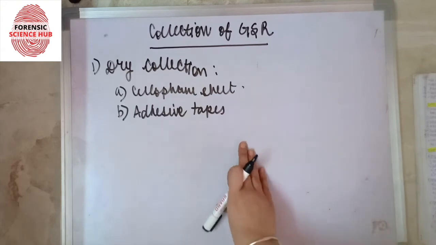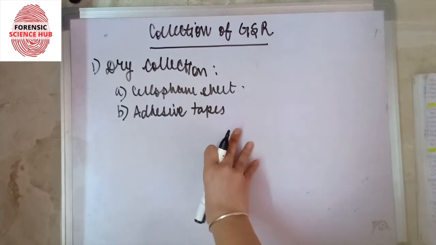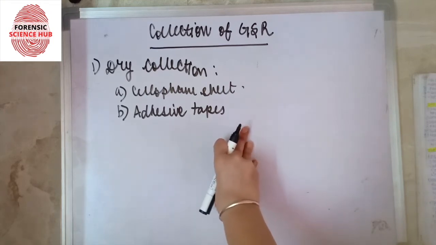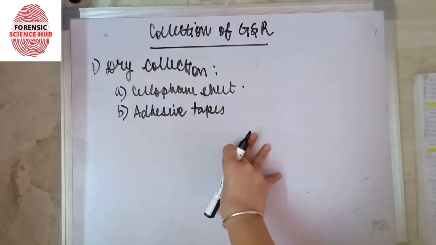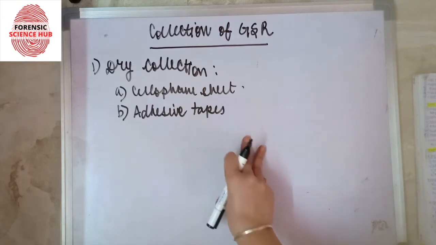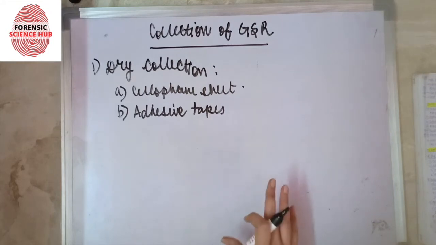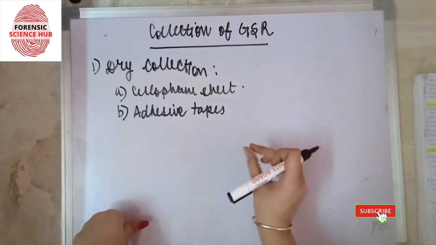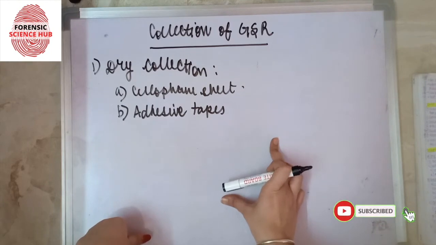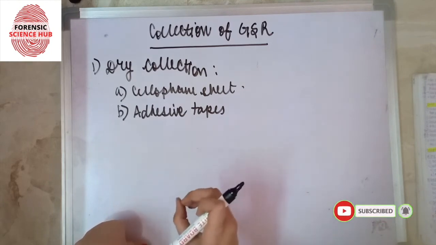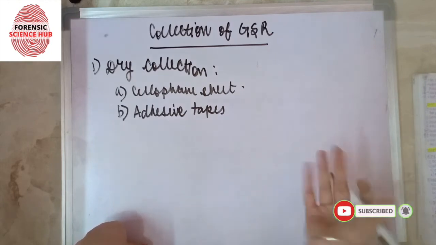This procedure should be repeated at least 2 to 3 times to be certain that the GSR has completely been removed from that place. Also, one must make sure to stretch the area so as to get every bit of the GSR from that place.